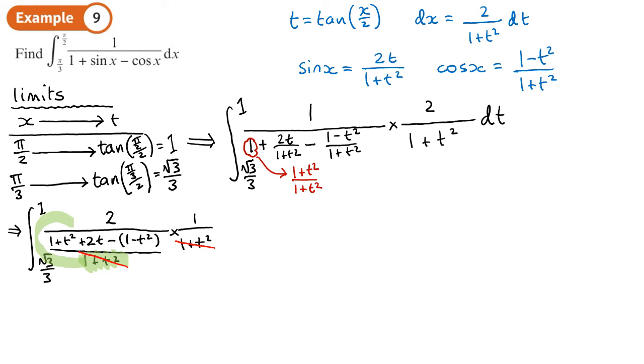Now, not only will they cancel out, there will be some terms in that expression here that will also simplify. So let's have a look. So I've got 2 at the top. That's not going to change. So I'll just have my dt here. Then what have I got? I've got t squared and then minus t squared.